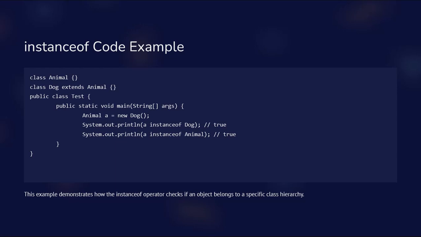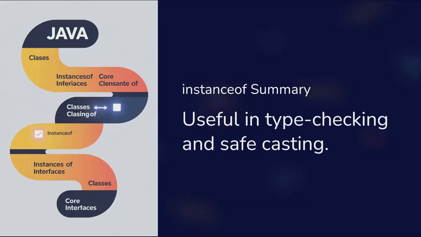In the public static void main method, we have an Animal object, and then you can print a instanceof Dog, then it will return true. a instanceof Animal, then it will return true, because we have extended the Animal class in Dog. So it will both return true. This example demonstrates how the instanceof operator checks if an object belongs to a specific class hierarchy. So it is useful in type checking and safe casting.